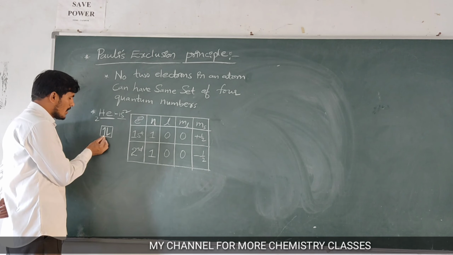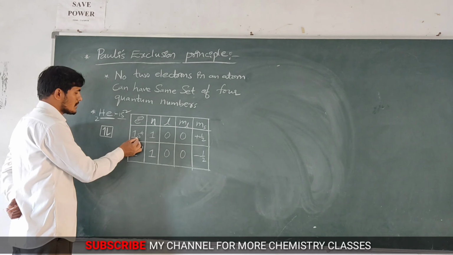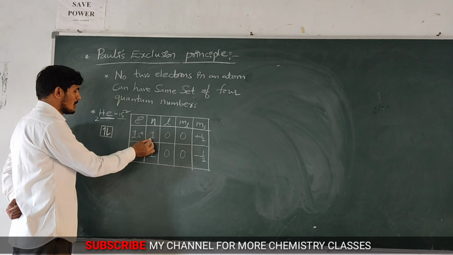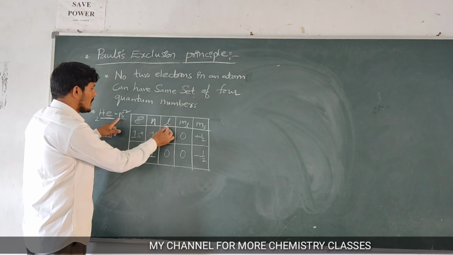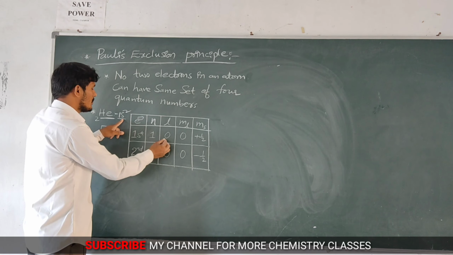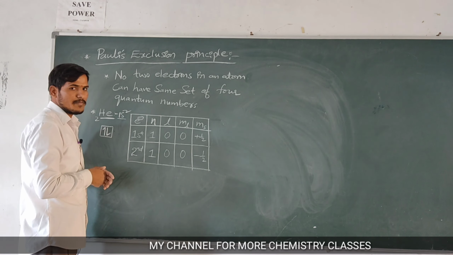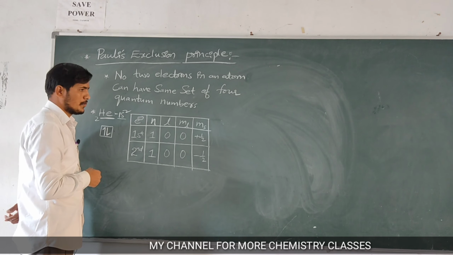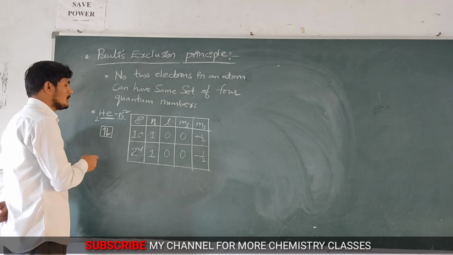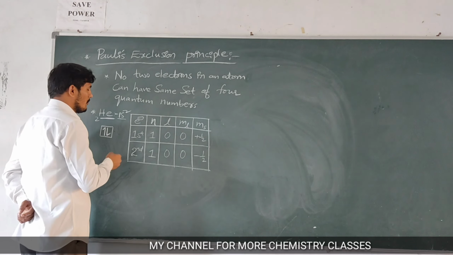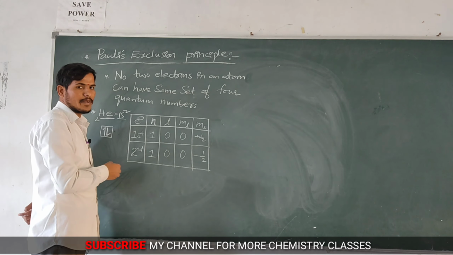When we observe the 4 quantum numbers of the first electron, what is the principal quantum number? 1. Next, what is the azimuthal quantum number? For s, l is 0. l starts from 0, 1, 2, 3, 4, and substituting in the formula 2l plus 1 gives 1, so l values start from 0.